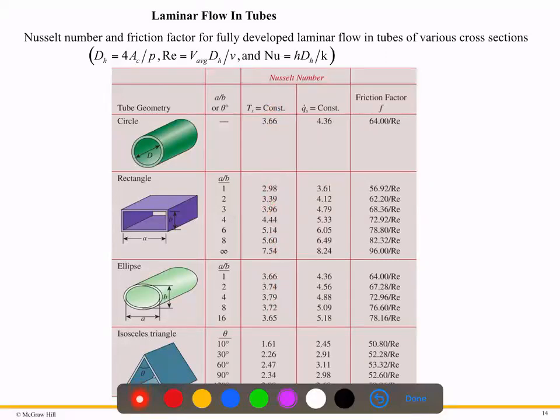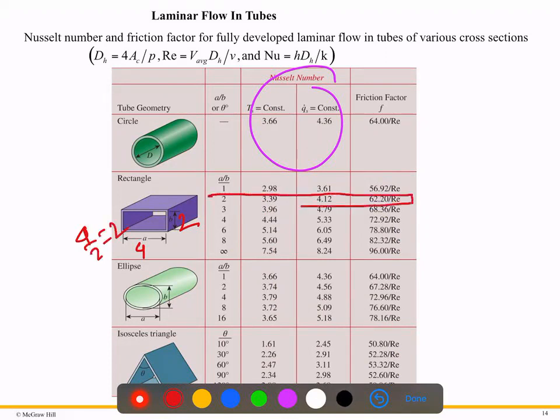These two columns are for the Nusselt number, and this is for the friction factor. So you can easily calculate it from here. If you have a rectangle where this length is 4 and this is 2, then the ratio is 4 over 2, that means 2. So here is the information: for constant surface temperature, this is the Nusselt number; for constant heat flux, this is the Nusselt number; and this is the friction factor value.